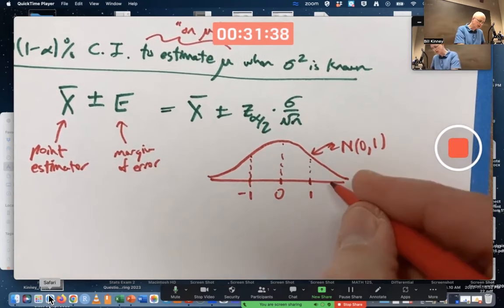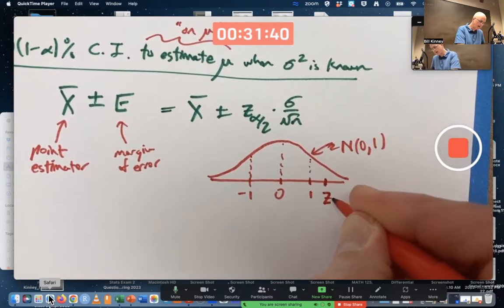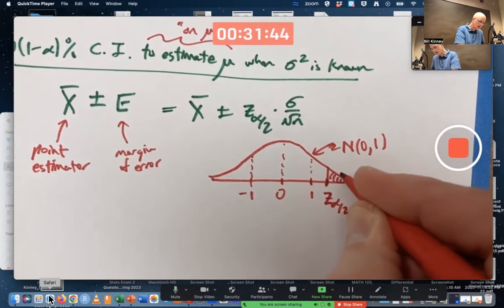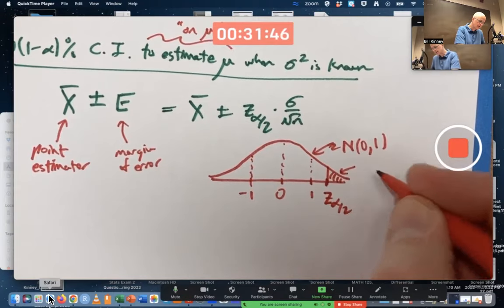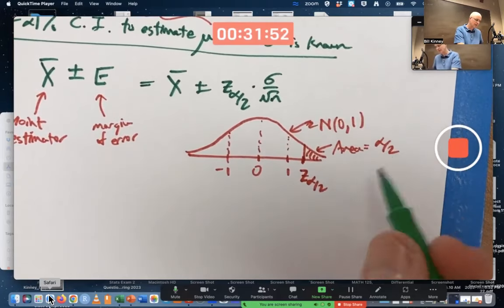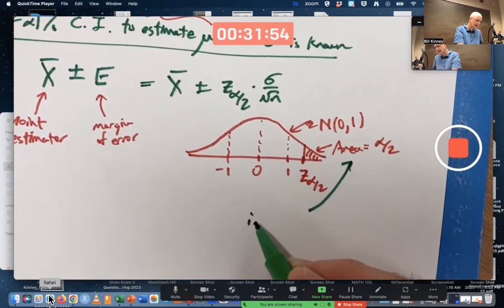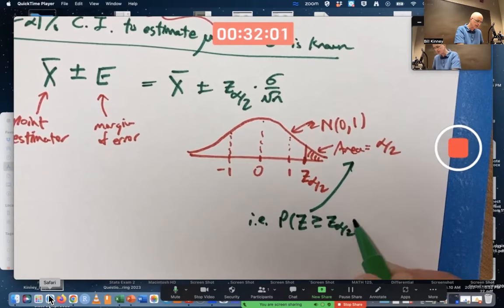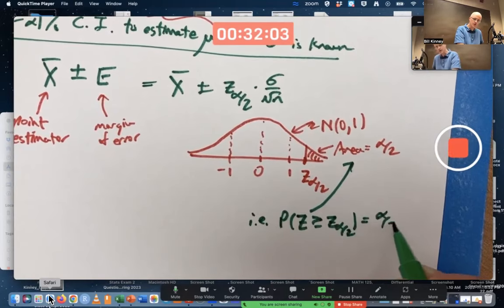And z sub alpha over 2 is some point, say right there, where the area under the curve to the right of this critical value is alpha over 2, in probability notation, i.e. the probability that capital Z is greater than or equal to z sub alpha over 2 is alpha over 2.